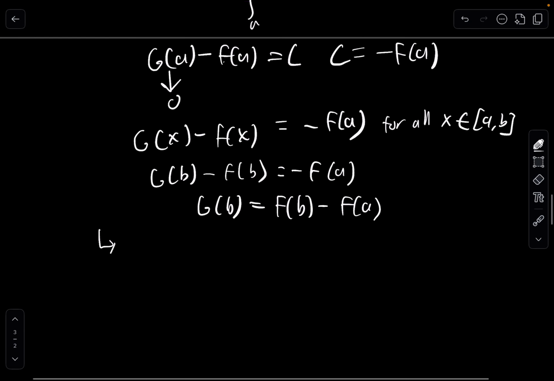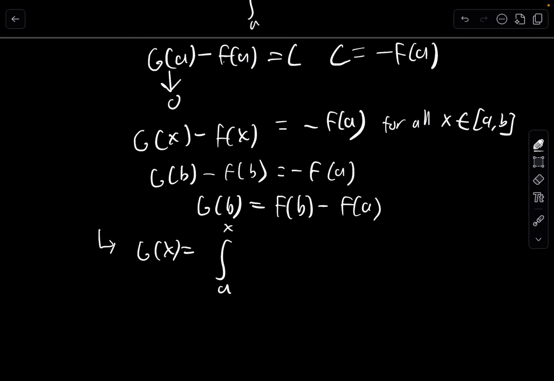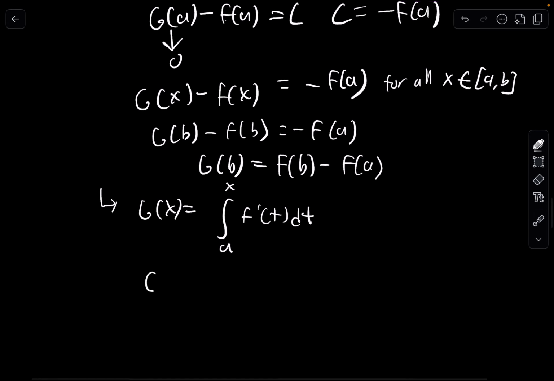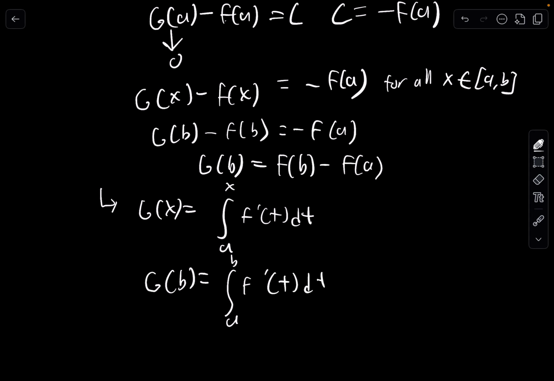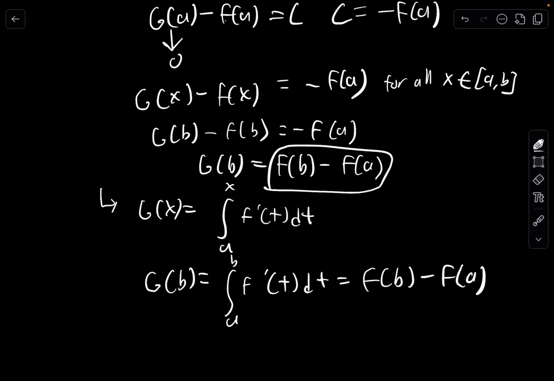Recall that g of x was equal to the integral from a to x of f prime of t dt. And so g of b is really just the integral from a to b of this. But this is also equal to f of b minus f of a. And therefore, the proof is complete.